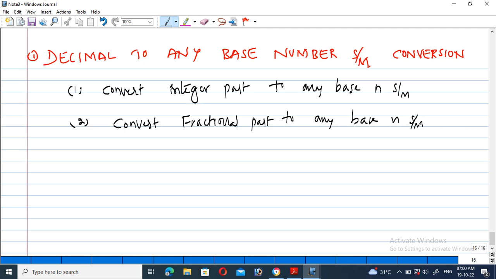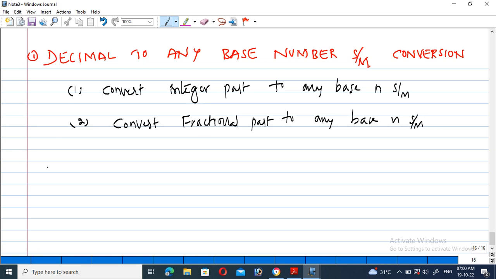For each part, different methodologies are followed. The first one is integer part conversion, which can be accomplished by the successive division method.